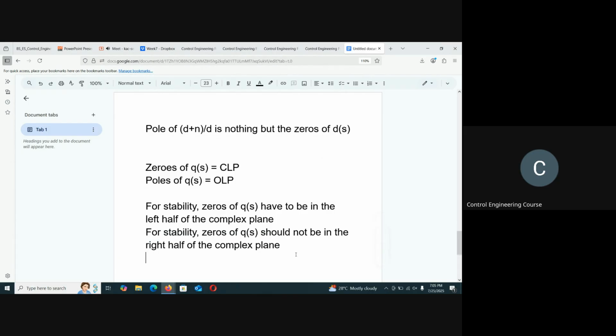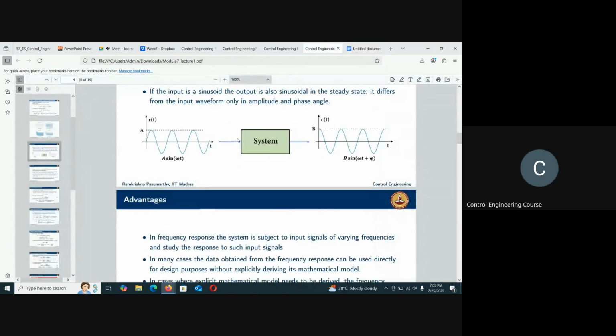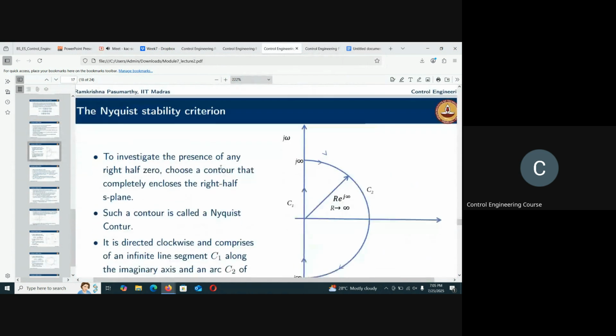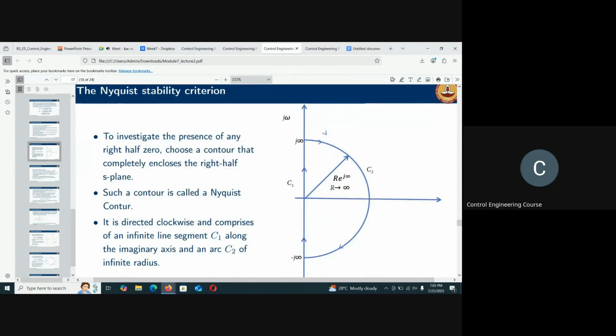Got it? Okay. Now let's see where the logic takes us. Now what I do is I take a contour. Take a semicircle contour like this. You start from this point.